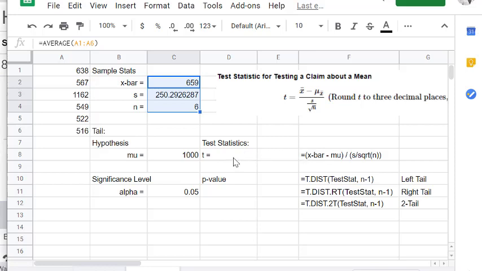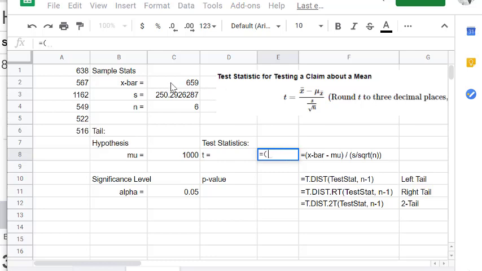Now we can figure out our test statistic here. Our test statistic is according to this formula. The numerator is a subtraction, so we want to make sure we put parentheses around that. And the denominator is another fraction. Just to be safe, I'll put parentheses around that as well. So we'll say equals, and then open parentheses, x bar.